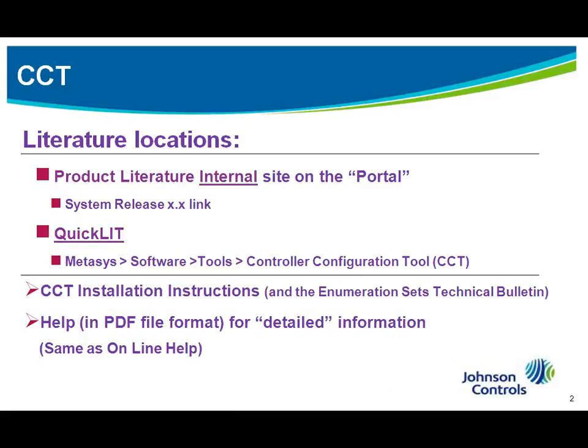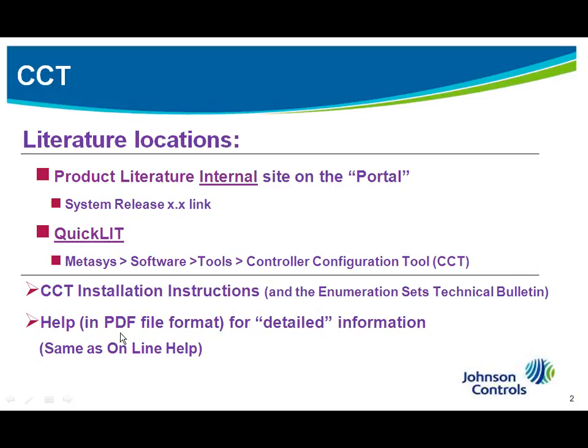The literature locations for CCT can be found under the Product Literature internal site on the Employee Portal, under the System Release link. Also in Quicklette, you can find information under Metasys, Software, Tools, and then Controller Configuration Tool.